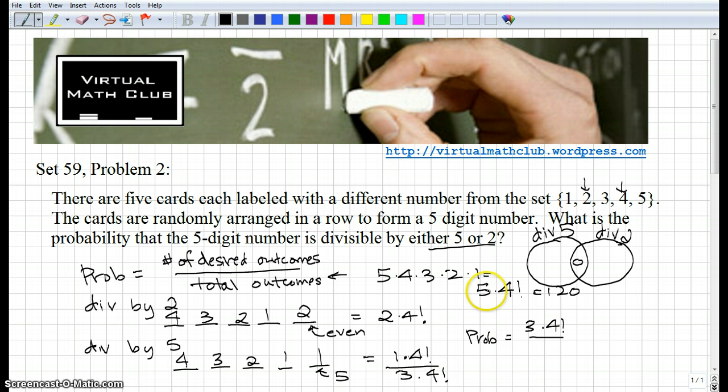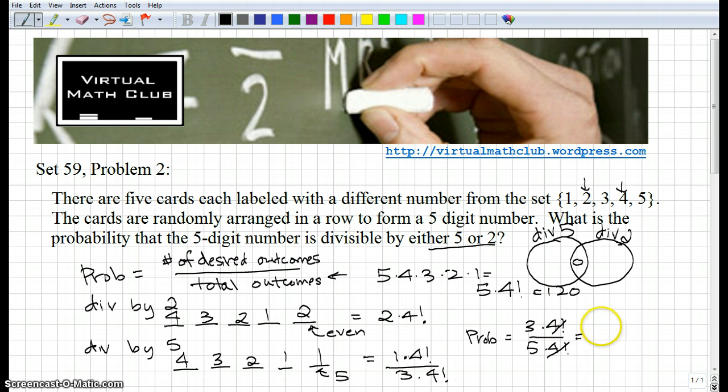And then the total number of outcomes without any restrictions is just 5 times 4 factorial. So you can see this 4 factorial term just cancels out. It illustrates the advantage with probability problems of not having to calculate the numbers all out.